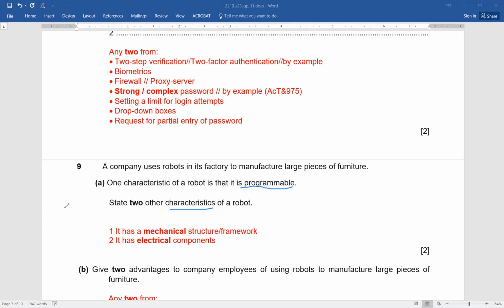Isn't it easy? Okay. Give 2 advantages to company employees of using robots to manufacture large pieces of furniture. Now just pay attention. What do you think is the right answer for this question? Let's see what answers you are giving.